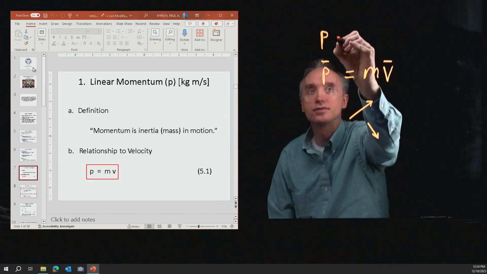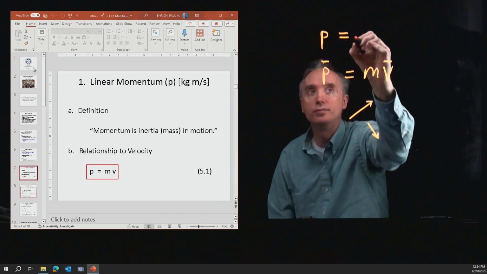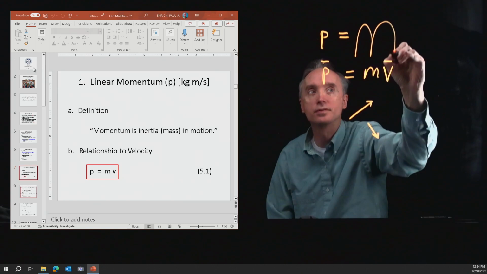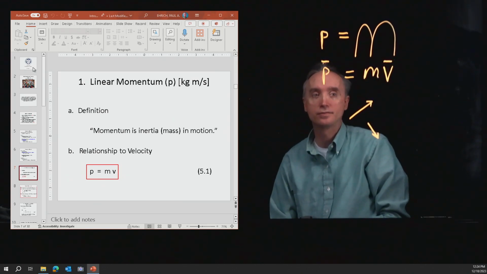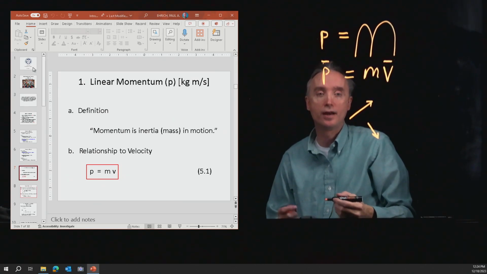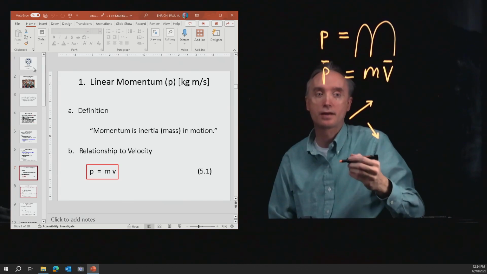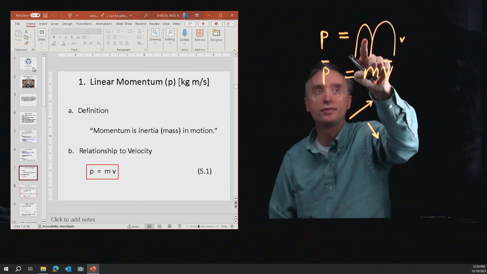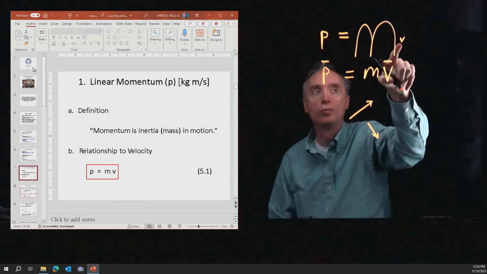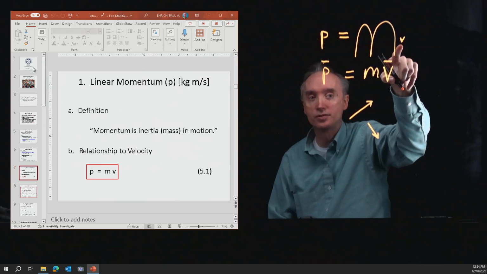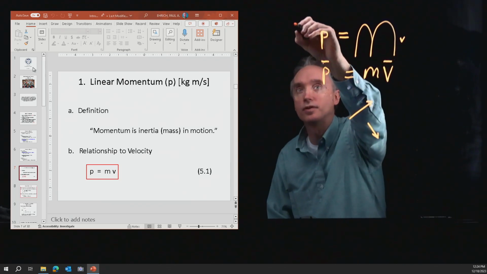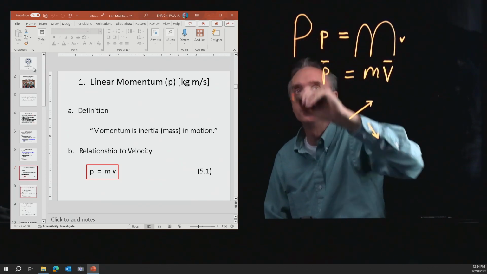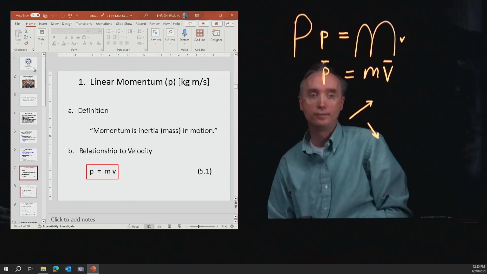Let's say that the Queen Mary has a tremendous amount of mass, and maybe it's only going at 1 meter per second, so it's going very slowly. Well, it could turn out that this m would overwhelm the small speed, and so this thing over here would have a tremendous amount of momentum.